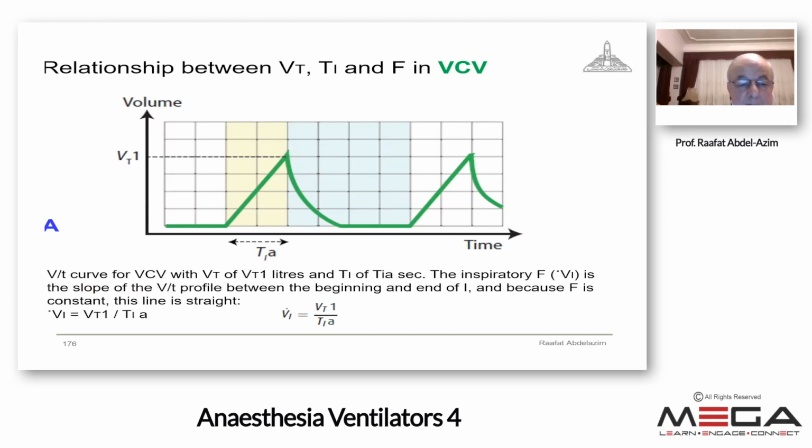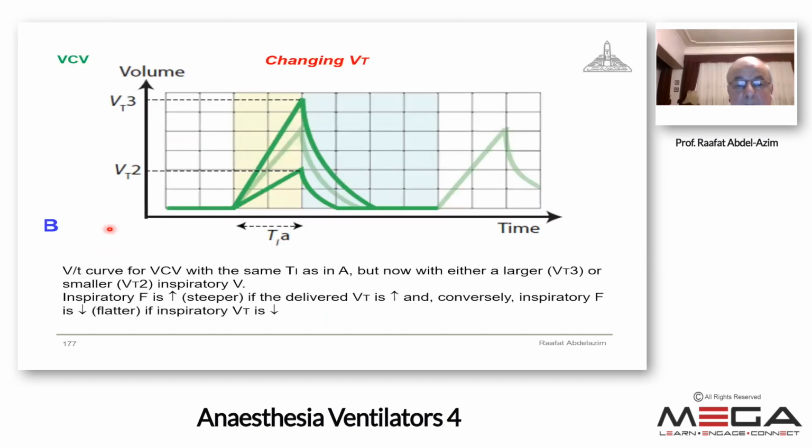So the flow here equals tidal volume divided by inspiratory time. You see the inspiratory time is 2 squares here, and the volume here is 4 squares. The flow is volume divided by time. If we increase or decrease the tidal volume, we'll keep the rate constant, we'll keep the I:E ratio constant, 1 to 2 here in this example, but we'll increase or decrease the tidal volume.